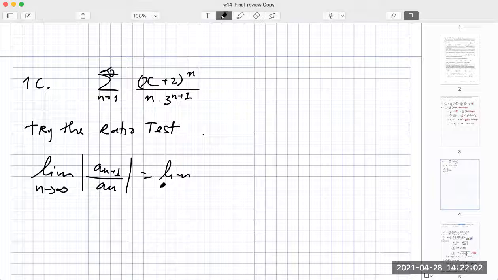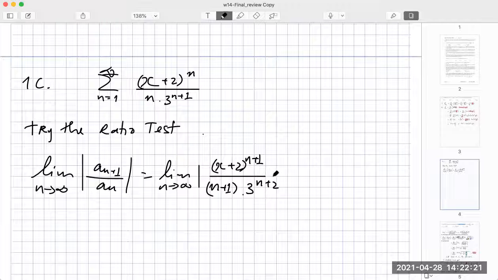It will be the limit of (x plus 2) to the n plus 1 over n plus 1 times 3 to the n plus 2, divided by this one, or multiplying by its reciprocal, divided by (x plus 2) to the n.